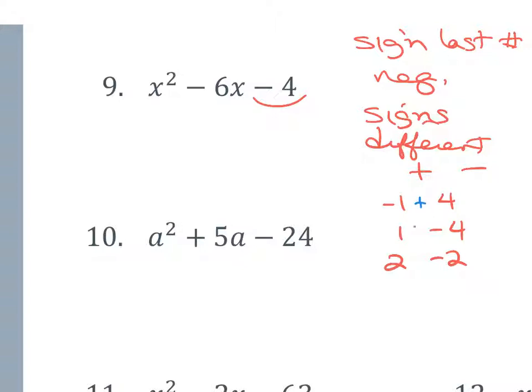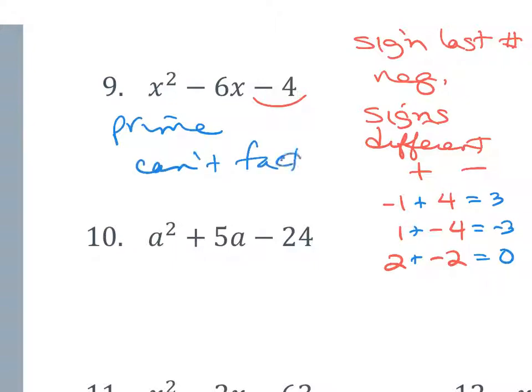So when I combine these two, I get 3. Here I get -3, and here I get 0. Do any of these give me -6? No. So in that case, you would say that this is either prime or you can't factor it. So be aware that sometimes it just can't be factored.